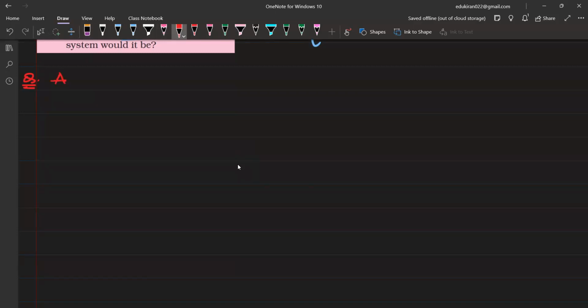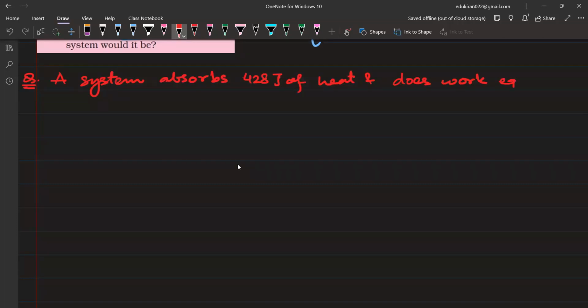A system absorbs 428 joule of heat and does work equivalent to 286 joule on its surrounding.